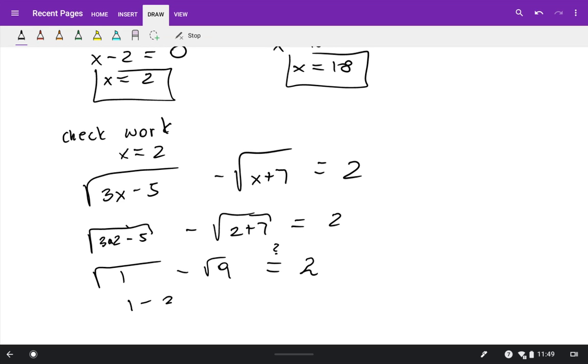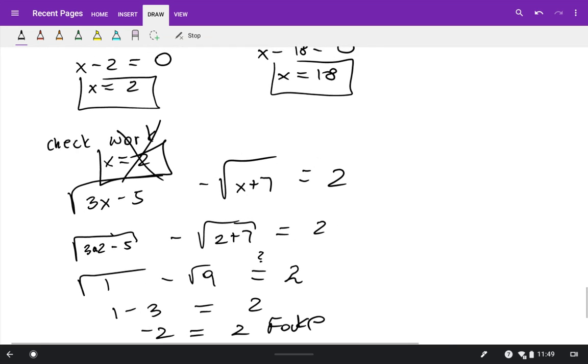So 1 minus 3, we're checking that will give you 2. We end up with negative 2 equal 2. This is fake. So x equal to 2 is an extraneous solution, which you're going to ignore.